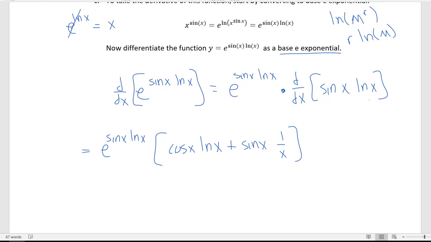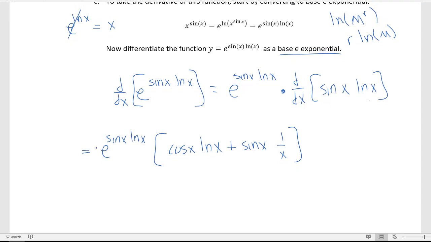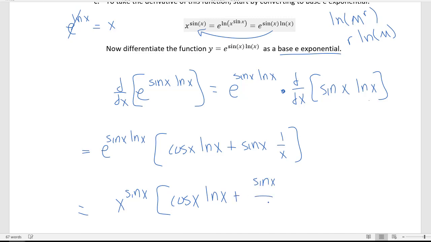However, I'm going to do a little bit of cleanup. So remember that e to the sine x times ln x we have up here was really our way of writing x to the sine x. So this guy right here is really x to the sine x. And then we have cosine x, ln of x, plus, let's call that sine x over x.